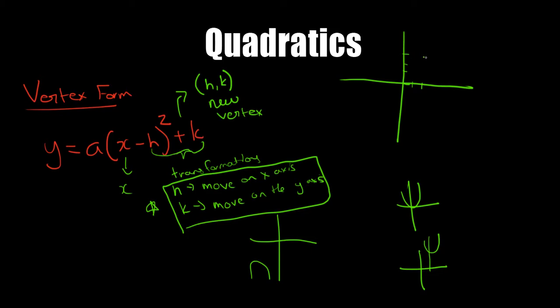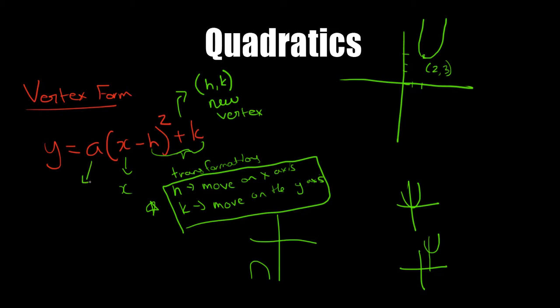That means it'll be over here, right? Which means that your new vertex will be at the point (2, 3). And that is how h and k represent your new vertex. Okay? So that's about h and k.